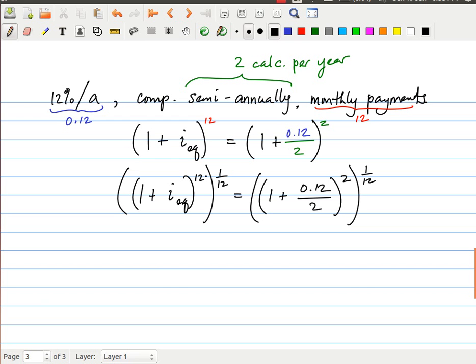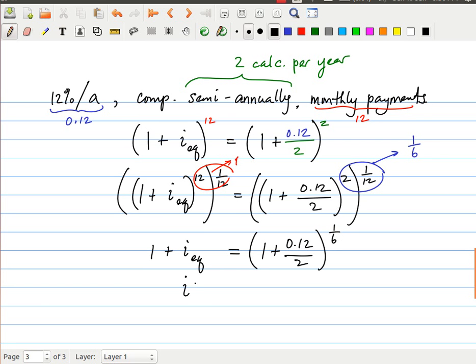The 12 and the 1 over 12, well, 12 times 1 over 12 is 1. That means this whole exponent just becomes 1, whereas this one, 2 over 12, this whole exponent just becomes 1 over 6. And so now I can write this as 1 plus I equivalent is equal to 1 plus 0.12 over 2 to the power 1 over 6.